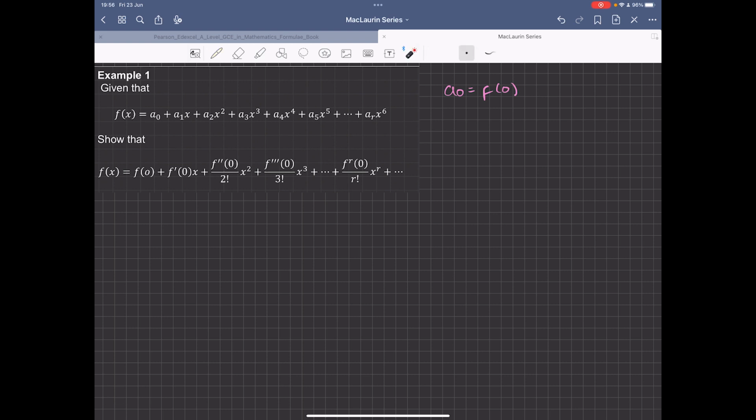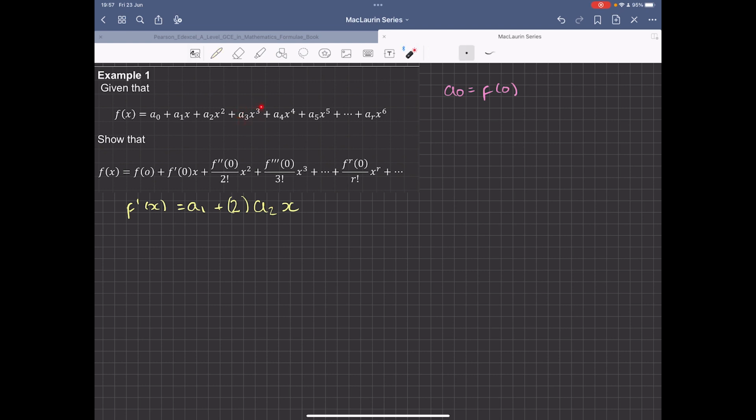The way we do this is we work out the first derivative, so f dash of x. This constant will go, because it's just a constant, and this x will go, so we're left with a1. When we differentiate a2 x squared, this 2 will come down, so we get 2 a2, and then the x will lose 1 from that power.